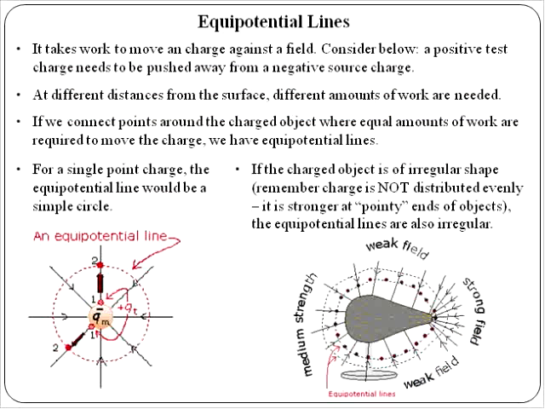So, first of all, let's just briefly review the topic of equipotential lines. What you have to remember is it takes work to move a charge through an electric field. Because remember, if we have a positive test charge, and that's what we use to map an electric field, and we need to move that away from a negative source charge, the positive test charge and the negative source charge are attracting each other.